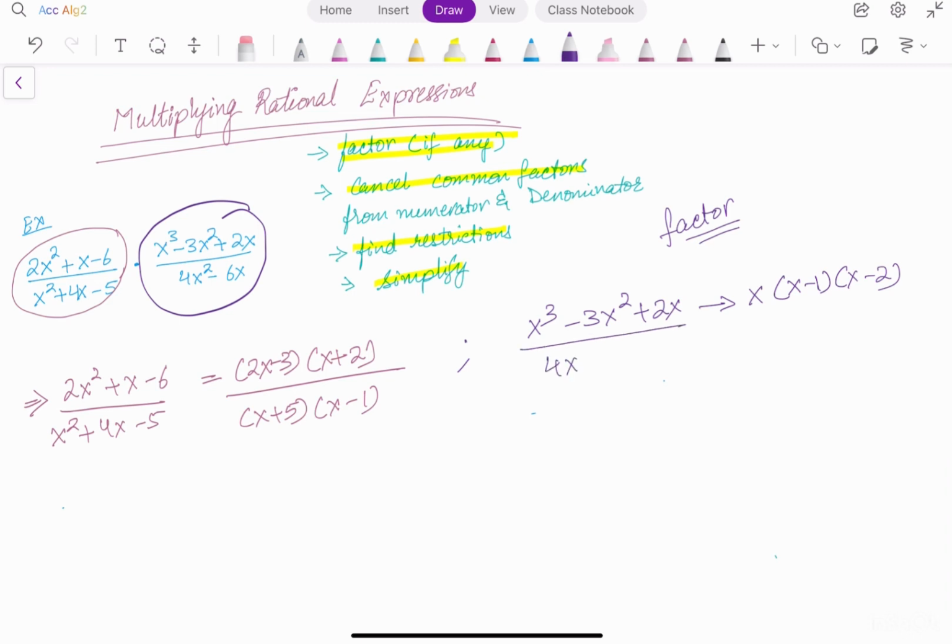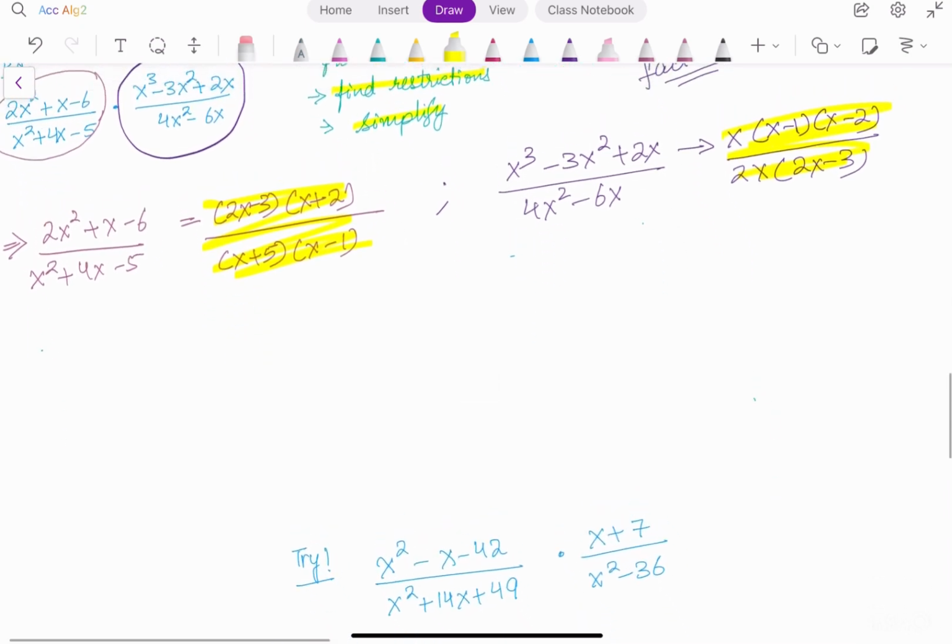And the second is 4x squared minus 6x. If I factor it out, it will be 2x times (x minus 3). Now we have the factored form of the original fractions, right? Let's rewrite this question again in terms of the factored form.